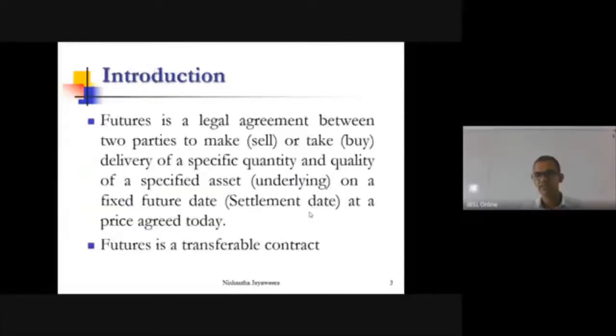Only difference is futures are very standardized products and trade through an exchange. So futures is a legal agreement between two parties, like a forward. Even a forward is a legally valid agreement between two parties, either to sell something or to buy something.